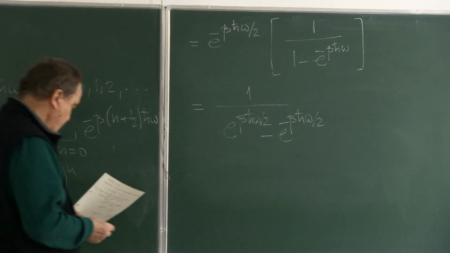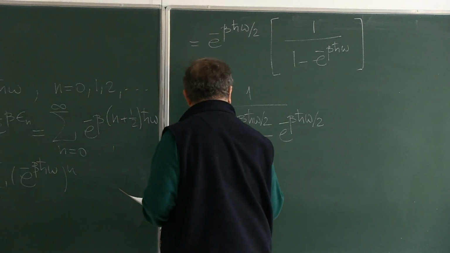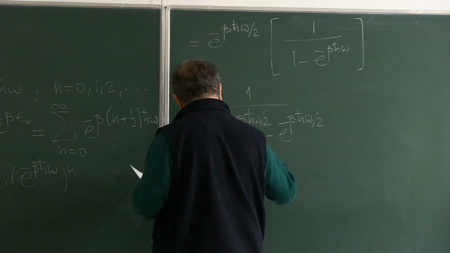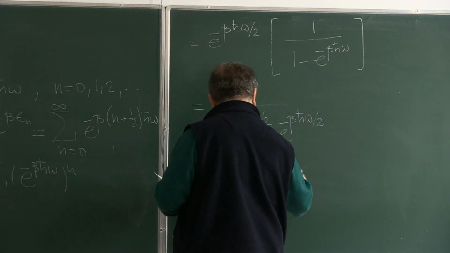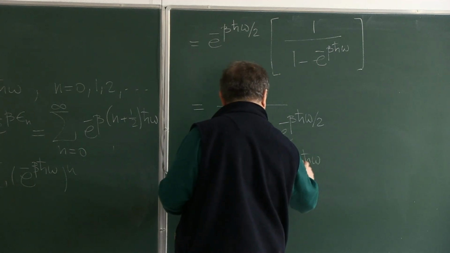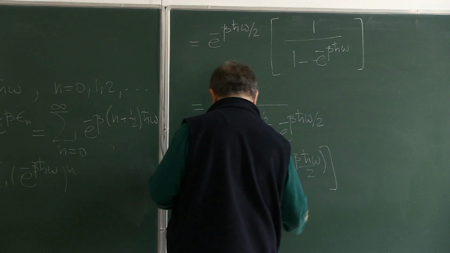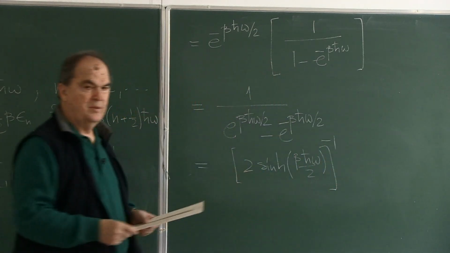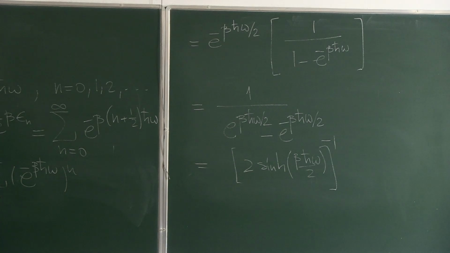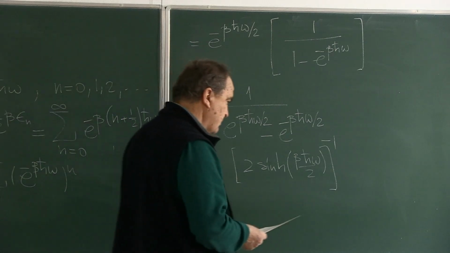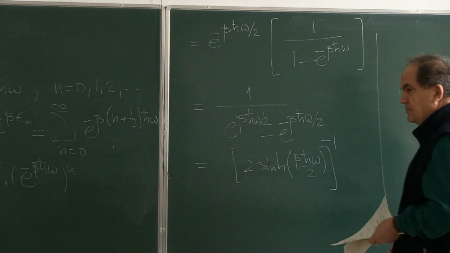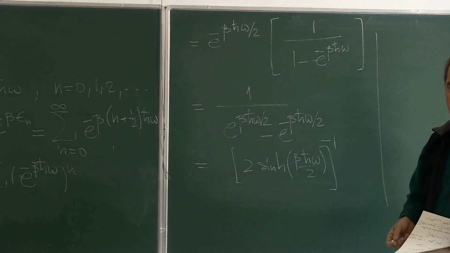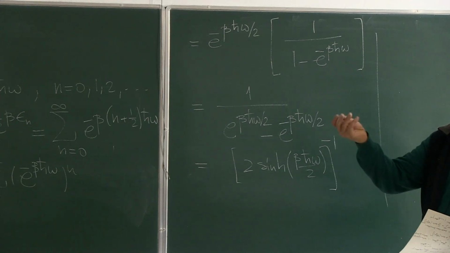So it is 1 over 2 sinh of beta h bar omega over 2, or 2 sinh of beta h bar omega over 2 to the power minus 1. Very simple result, and I'm sure you have done this before, but you have to do the calculations yourself, so you have a feeling of what's coming up in the exams.